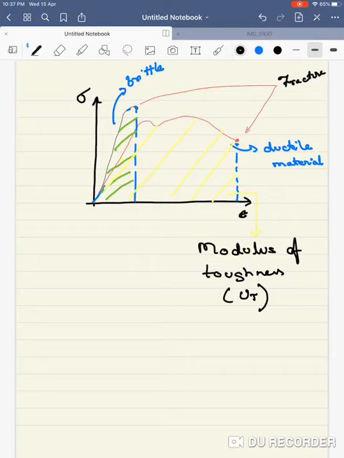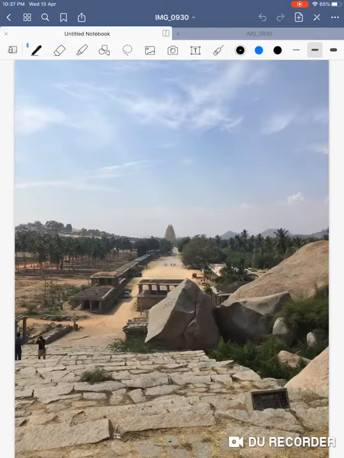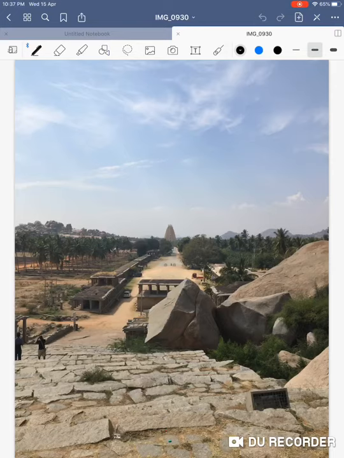It breaks very quickly. And in this regard, I just wanted to share an interesting anecdote, an important part of history. This is a photo from Hampi, clicked by me, so it belongs to me. There is a temple in the background.